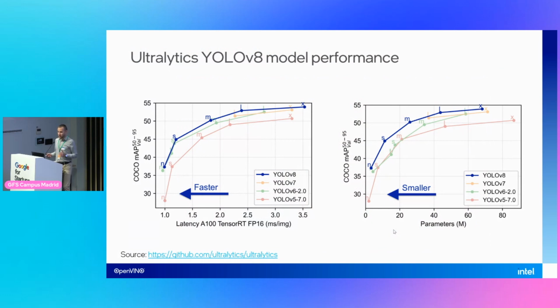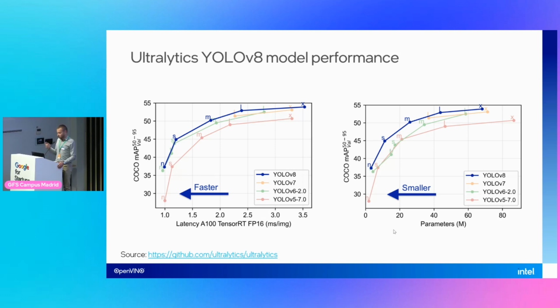But what else? If we look at these charts here, we see that the nano model is the fastest one, and the large and X large are the more accurate. So what we want to do here is to bring all the dots from right to left, to run large models or X models as fast as we can run the S or nano version.